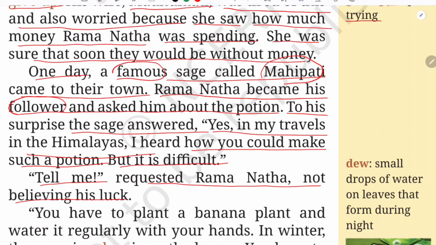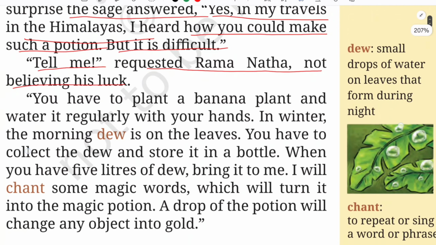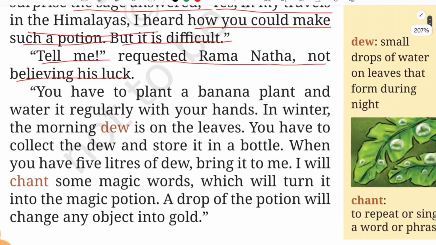He was very happy, surprised and shocked. At last he felt that he was finally very close to making that magic potion, isn't it? So he requested the sage, tell me, I'm going to make it, it is not difficult for me. All right, so now let us see what the sage told Ramnath.